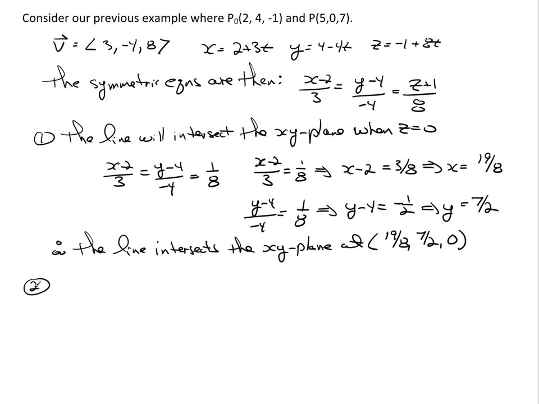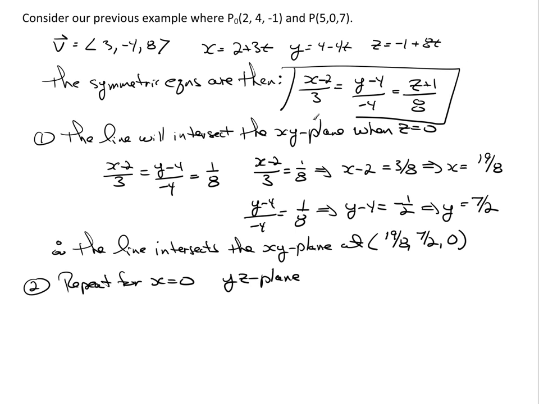Now I can repeat this and do the exact same thing for when x equals 0. When x is equal to 0, that's going to tell me where the line is going to intersect the yz plane. Well, when x equals 0, remember I'm working with these symmetric equations.